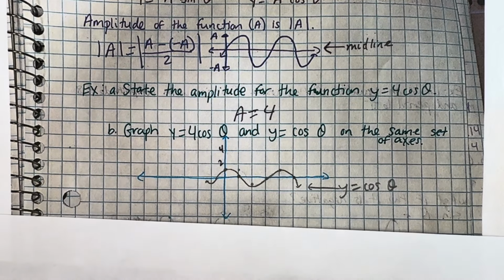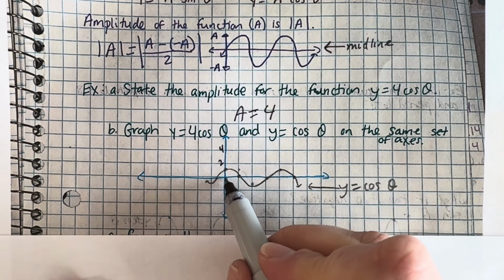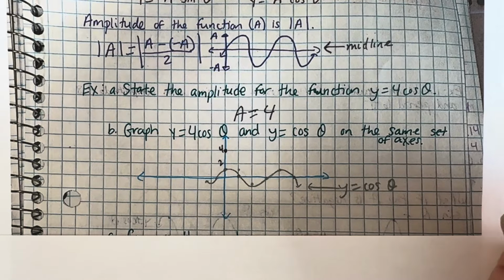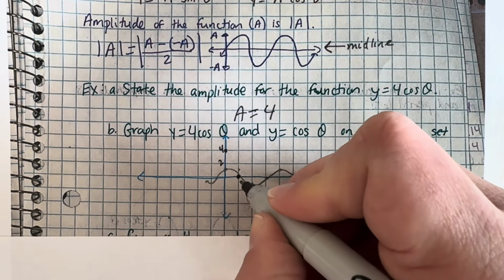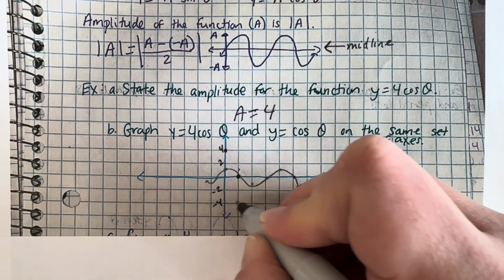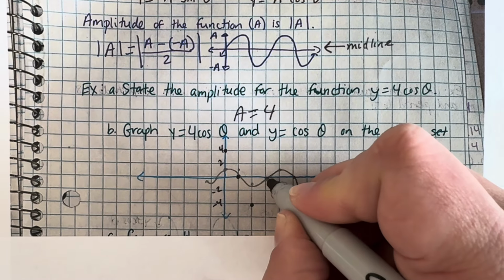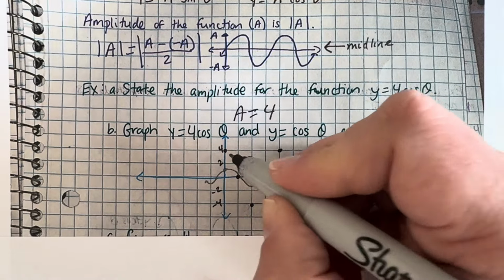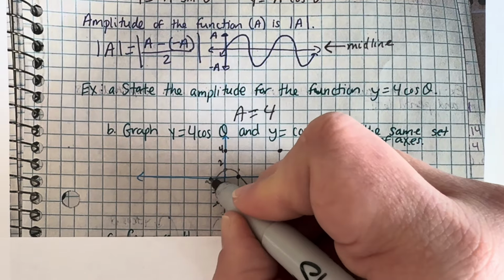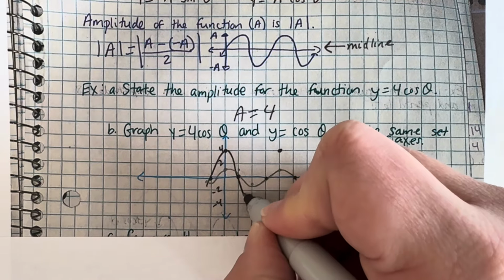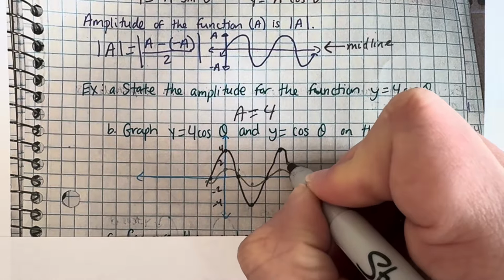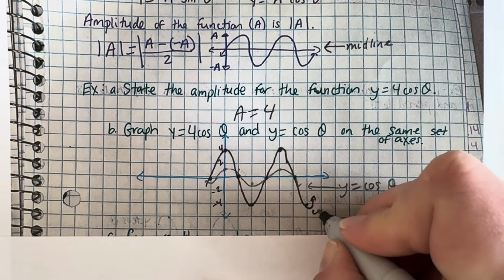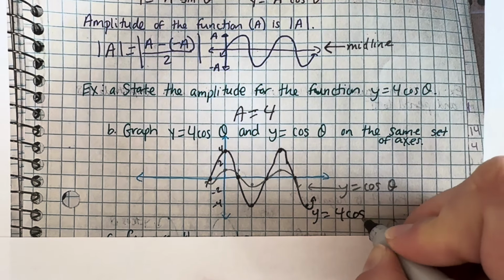All right. Now if I want to do 4, so instead of us starting here at our top of 1, we would start up here at our top of 4. And we would go down and then back up. And our curve would look something like this. So this one is y equals 4 cosine theta.